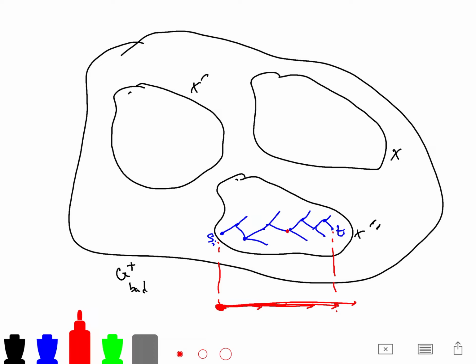So the distance between Si and U, for example, your U could be here. If the distance between Si and U is j, then you have the layer, so this is a layer.